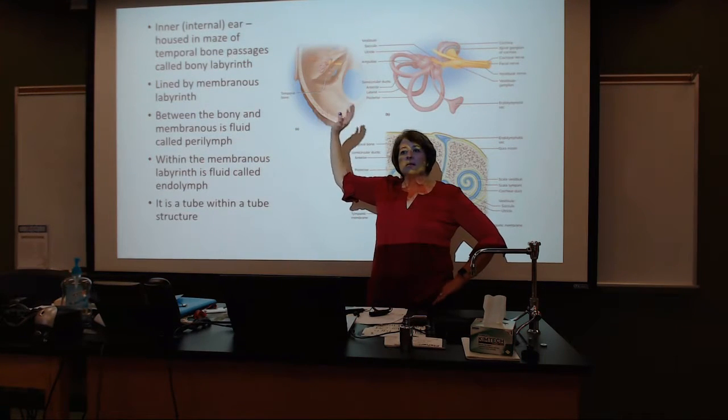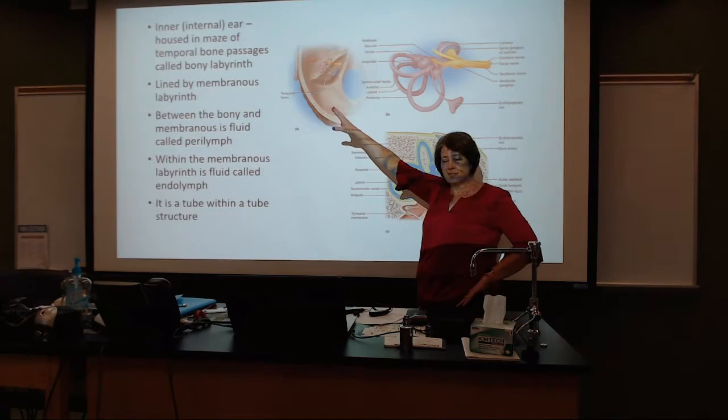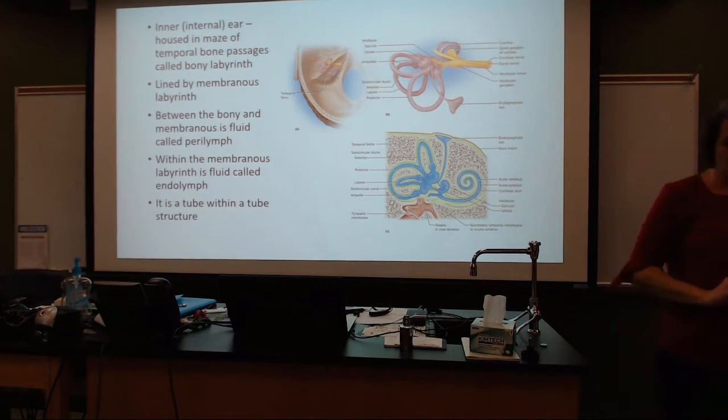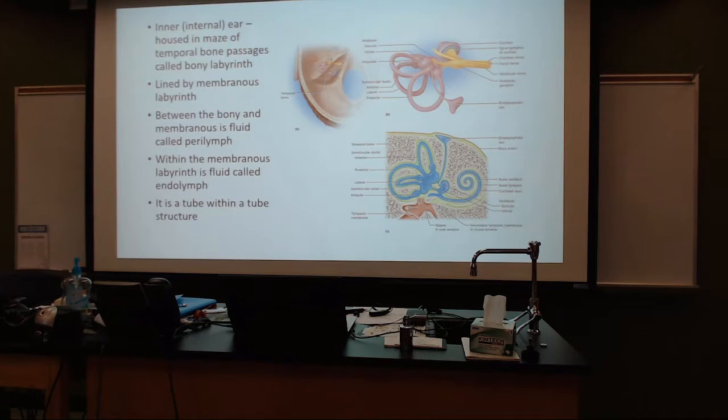Now, once again, your textbook is going to get very detailed about the membrane that's lining it. I'm going to try to keep it simplified for our terms, okay? We're going to see that membranes line this bony labyrinth, this maze.